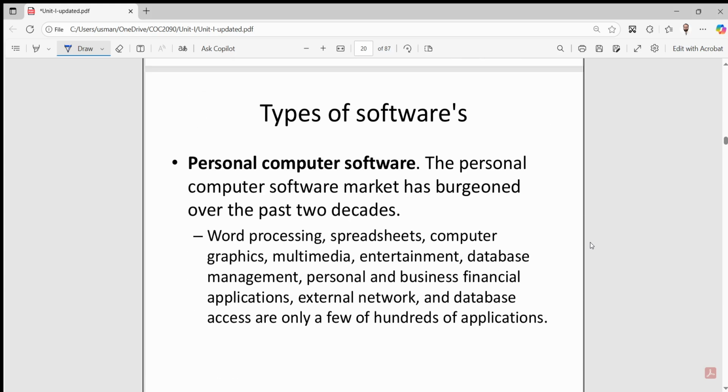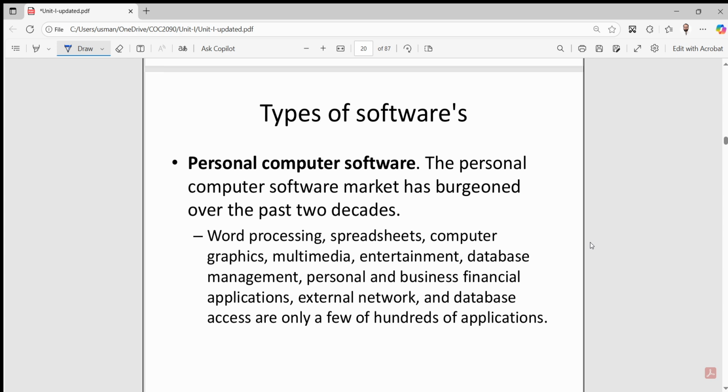Then there is something called personal computer software. The personal computer software market has burgeoned over the past 2 decades. We have lots of applications which are general purpose, like word processing, spreadsheet, computer graphics, multimedia, entertainment, database management, financial applications.